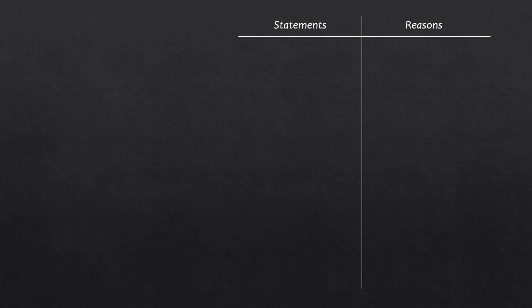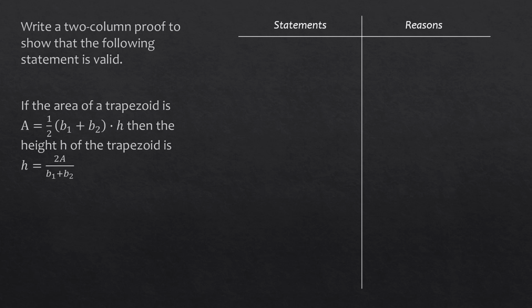Let's jump into, yeah, this one's a good one, I think. We have the area of a trapezoid is equal to A equals 1/2 times base 1 or B1 plus B2 times H. So the height h of the trapezoid is h equals 2a over b1 plus b2.